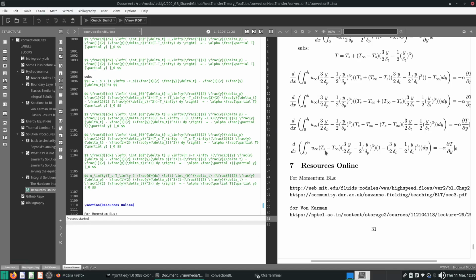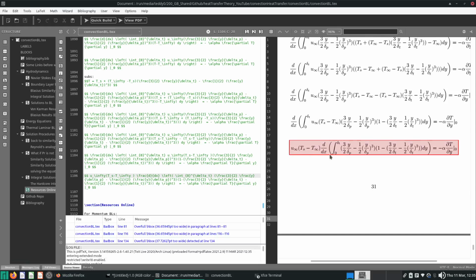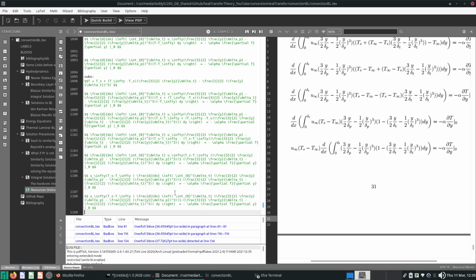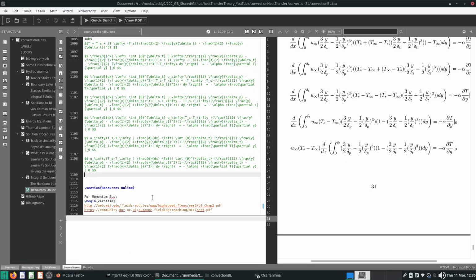In fact, we can divide both sides by Ts minus T infinity, so that the right hand side you can just have this.